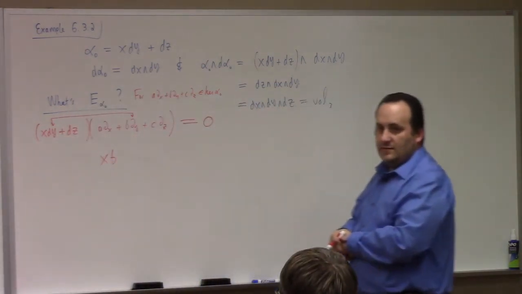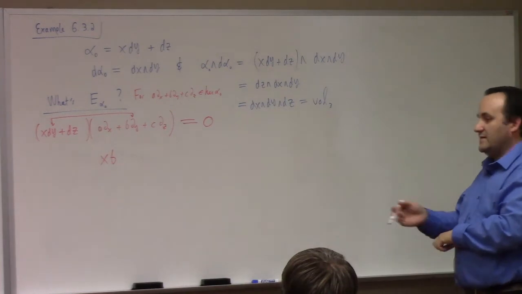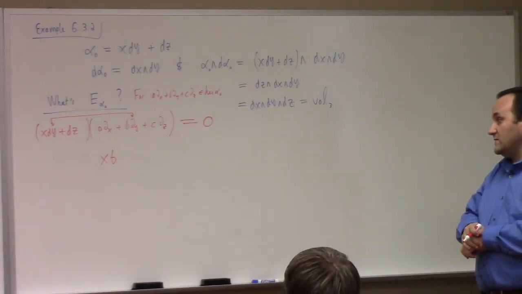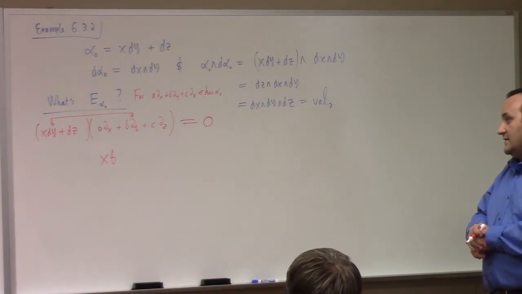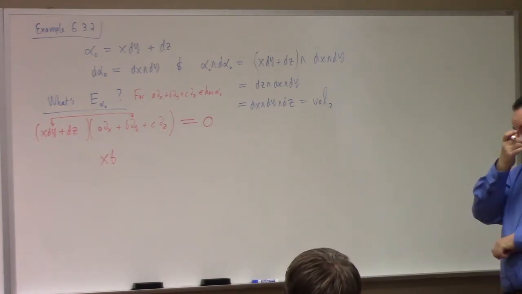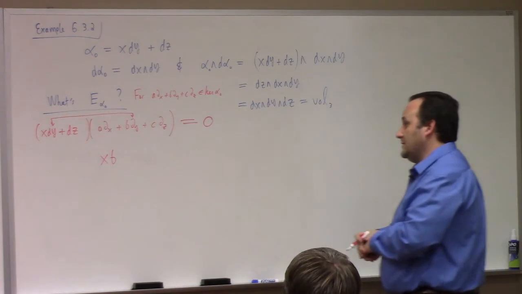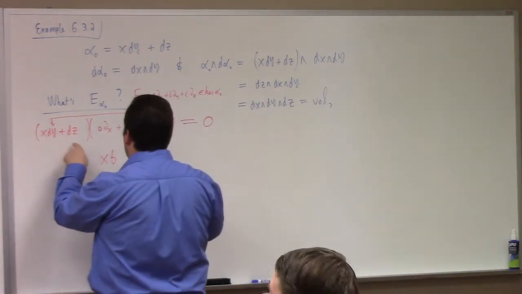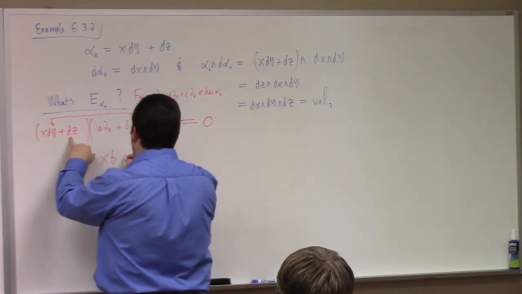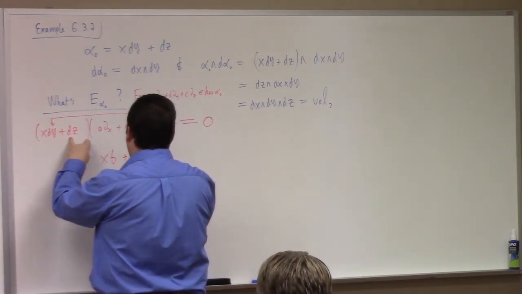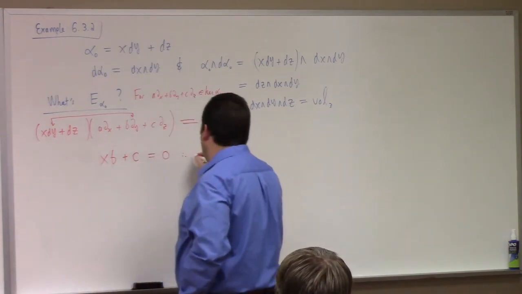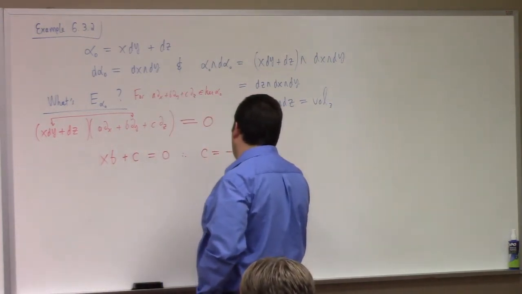Otherwise, dy acting on partial x, dy acting on partial z are 0. The functions A and C just pull out through the differential. So what we get is xB plus C equal to 0. So, aha! Therefore, C is equal to minus Bx.